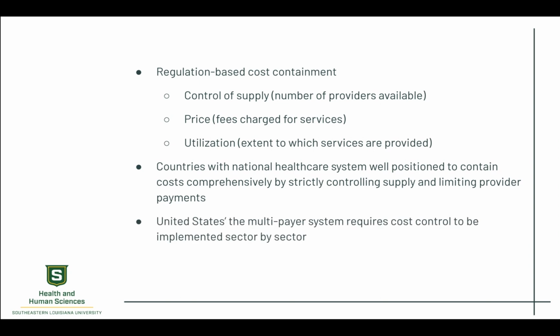The United States, however, has a multi-payer system that makes it very difficult to implement cost containment because there are too many vested interests, and it's very difficult to get everybody on the same page, and so that becomes a challenge for the U.S. healthcare system.